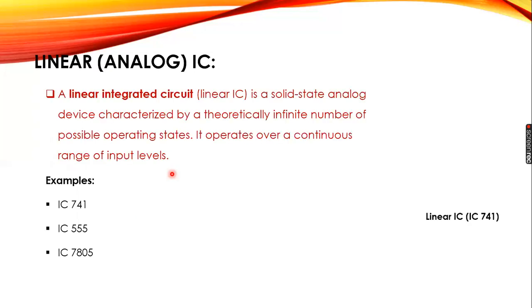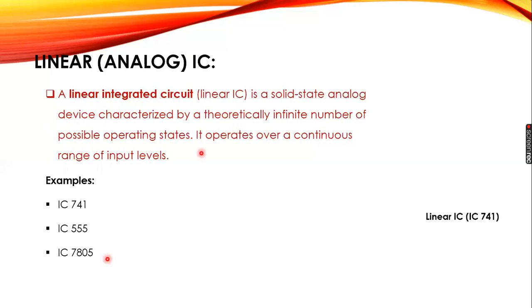Linear ICs can be defined as solid state analog devices characterized by a theoretically infinite number of possible operating states. They operate over a continuous range of input levels. That means the inputs and outputs of these linear ICs will be continuous in nature.